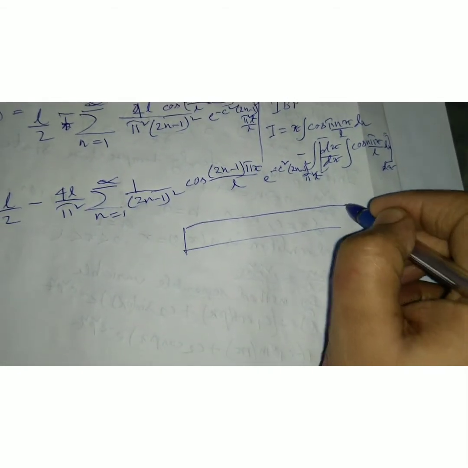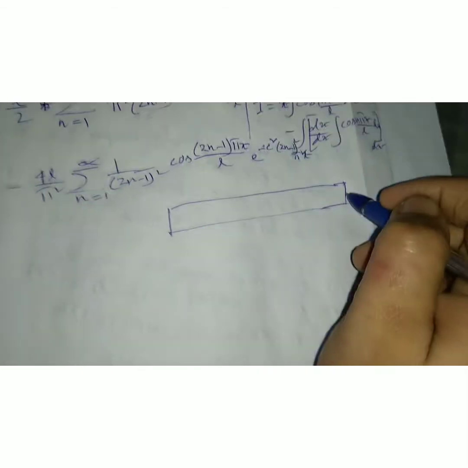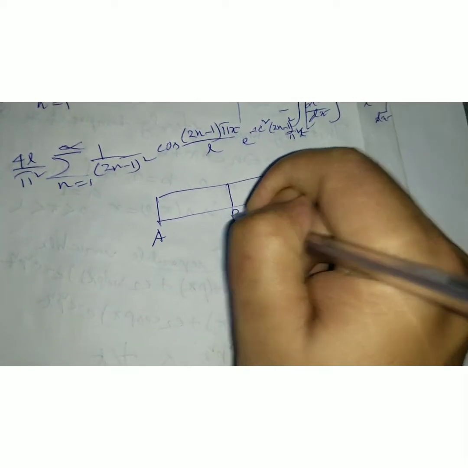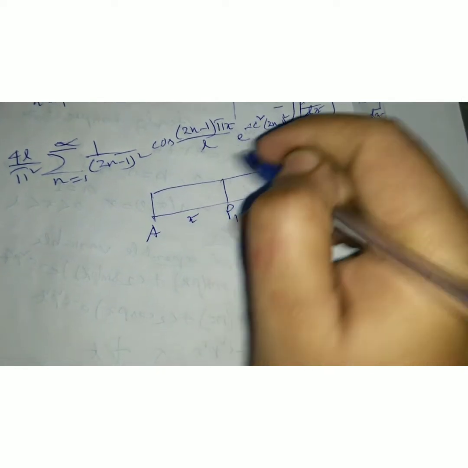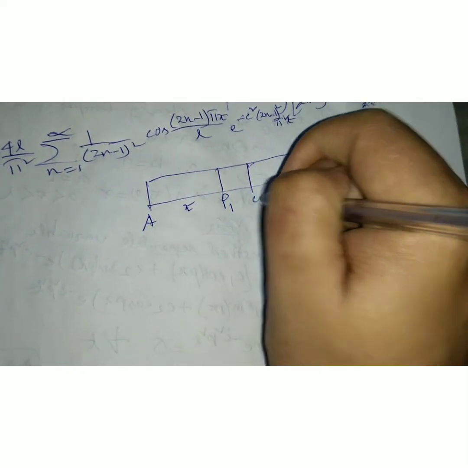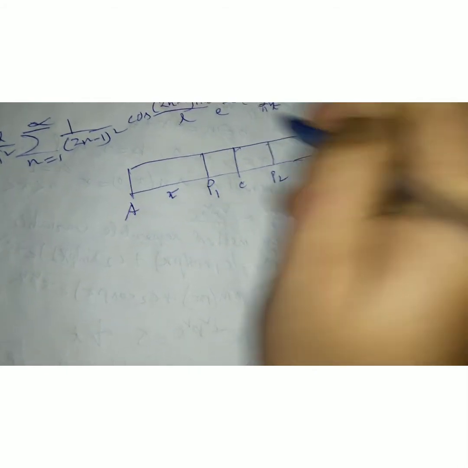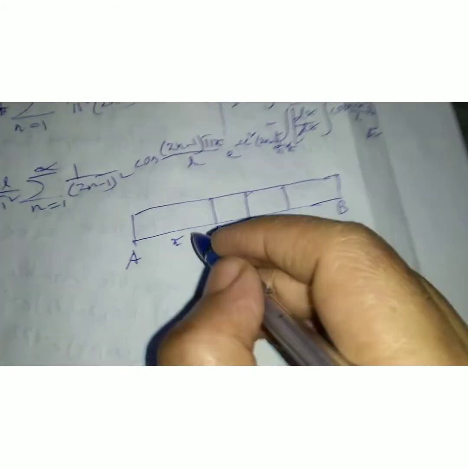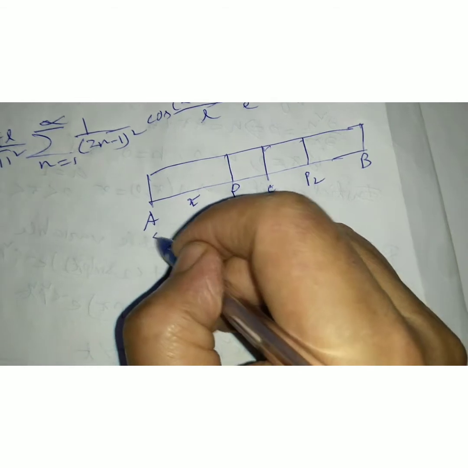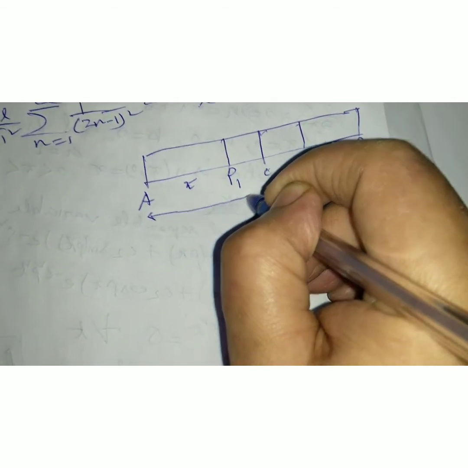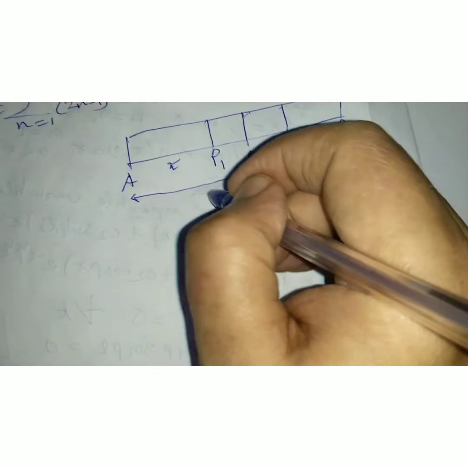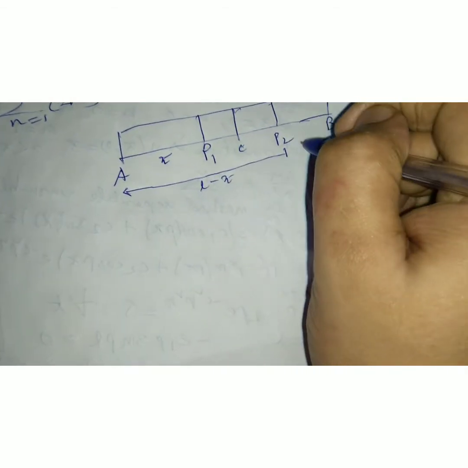I draw this rod. Let us see that A and P1, AP1 is equal to x, and C is the midpoint, and P2 is also another point, and B. Now you can see that this is L minus x, and this is also x.